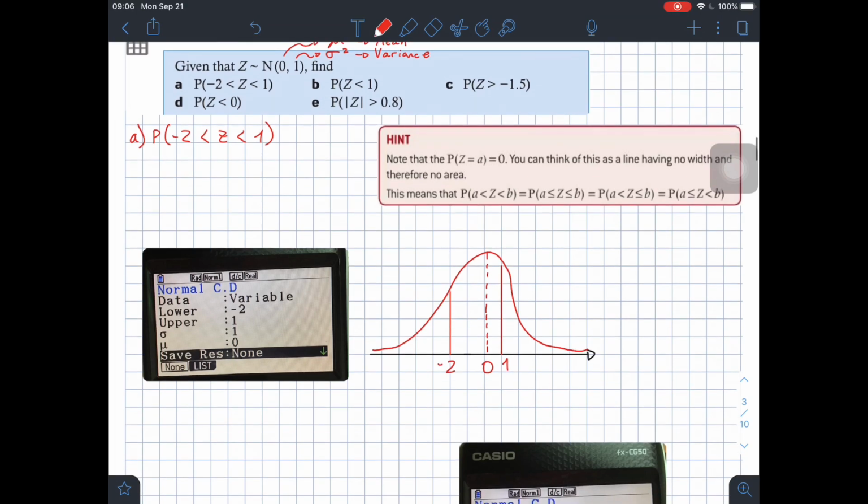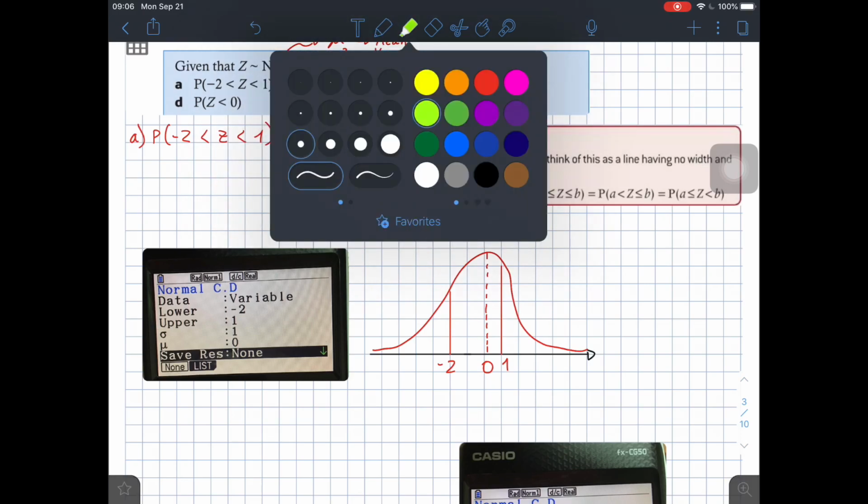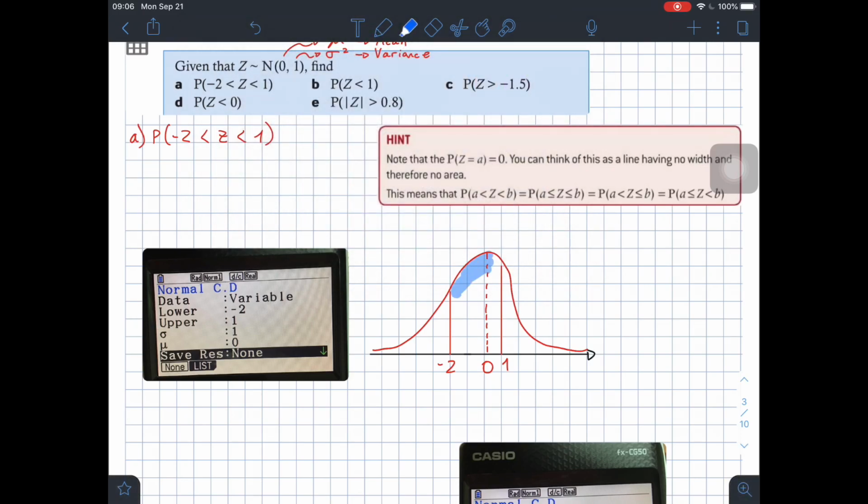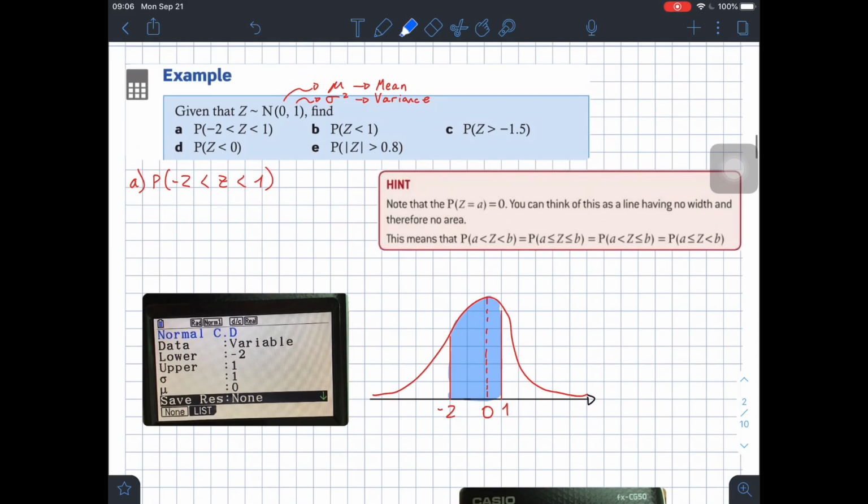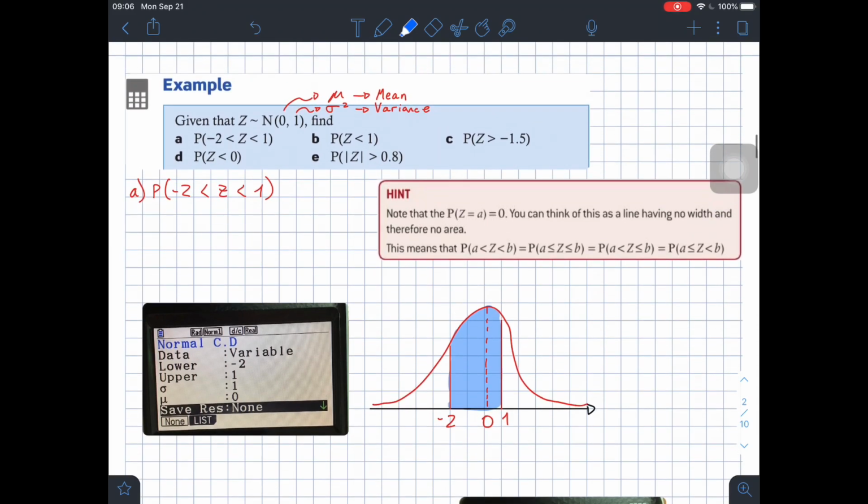So basically, the probability that we're looking for is this probability, the area beneath this interval, right? This is the probability of the variable C being between -2 and 1, which is what we're looking for. So that's the graphical interpretation of the probability that we're going to be looking for. We're going to see how to determine that value right now.